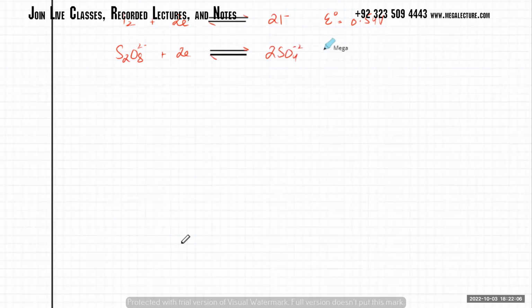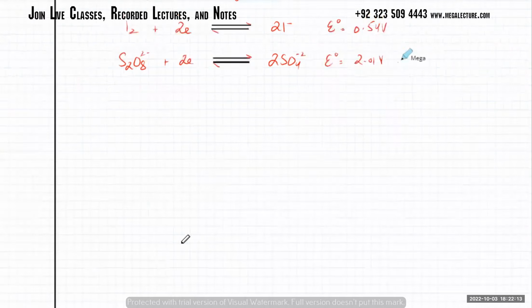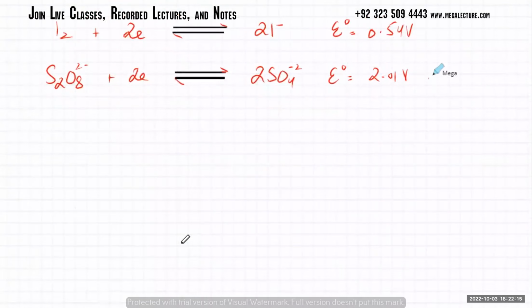And that has an E naught of 2.01 volts. So which one out of the two has the higher potential? It's ये bottom wala. ठीक है, that's your higher potential.